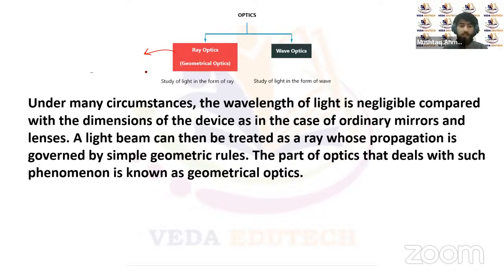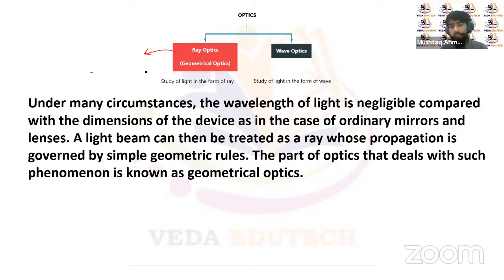In that case, light travels in a rectilinear path, or we can say the ray of light is governed by simple geometric rules. It follows geometrical optics, where the dimension of the object is much greater than the wavelength of light.